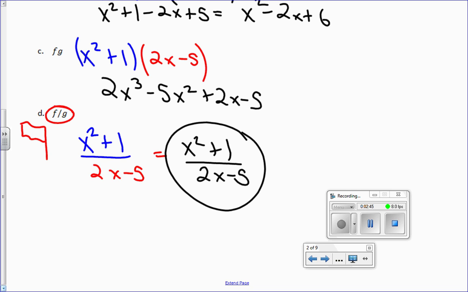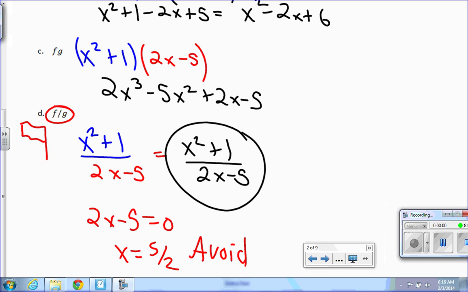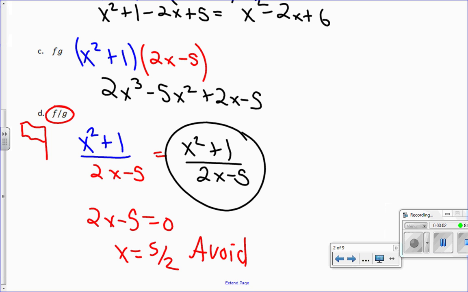So we take the 2x minus 5 and set it equal to 0, which gives x equals 5 halves. I have to avoid this value of x because it makes a division by 0. So the domain is all real numbers except for 5 halves, that's negative infinity to 2.5, union 2.5 to infinity.